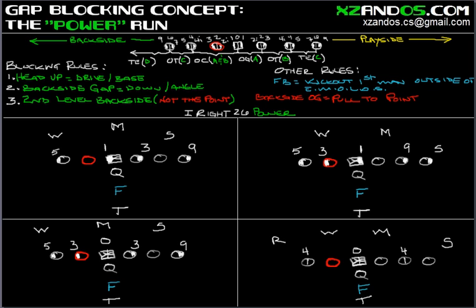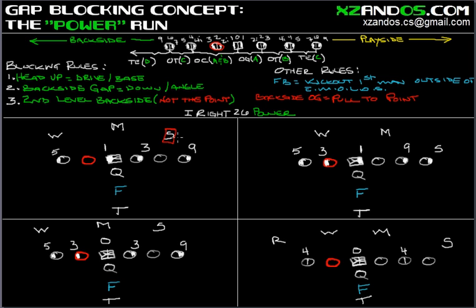First things first, we have to designate the point. Again, here I said do not block the point. The backside OG, offensive guard, pulls to point. The point is the player. Let's clean that up a little bit. The point is the first, second level box player play side.